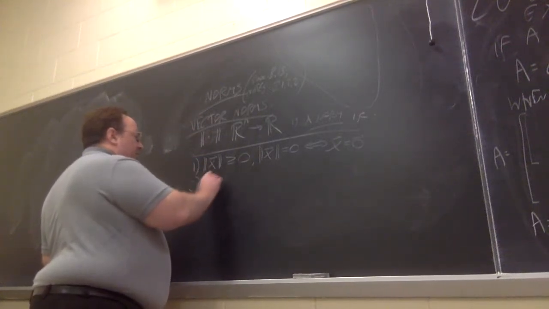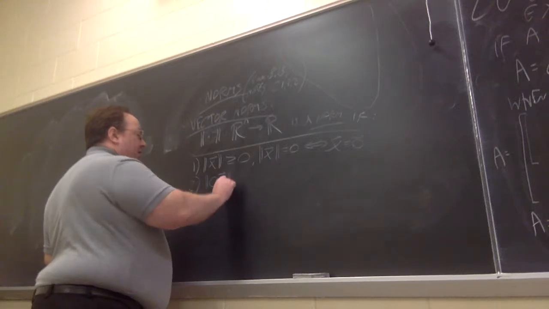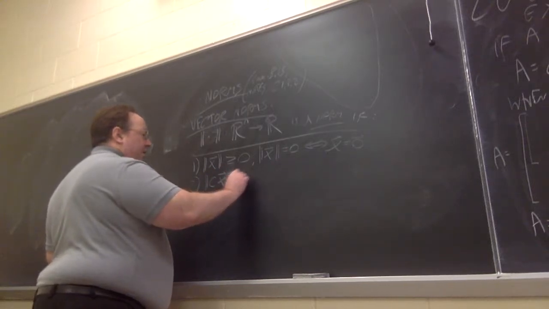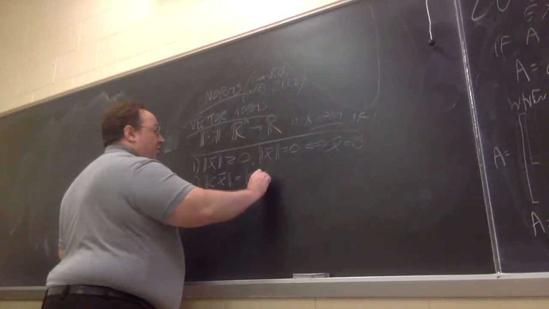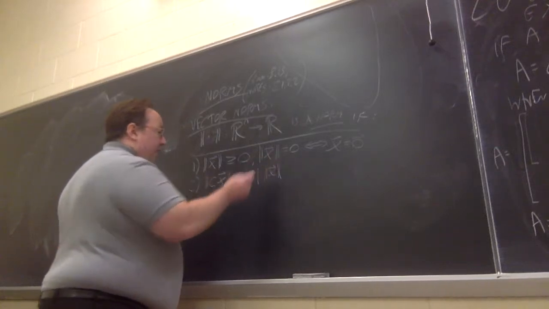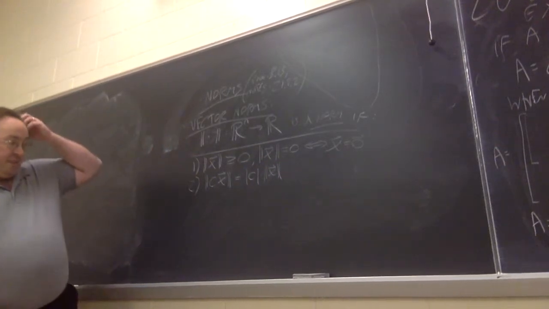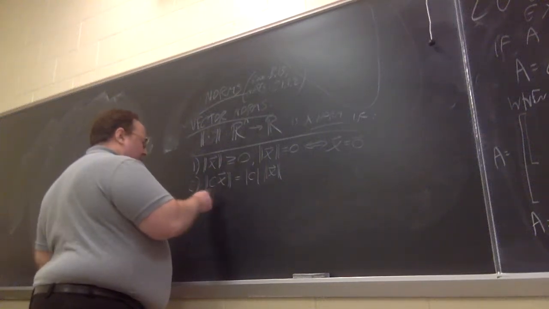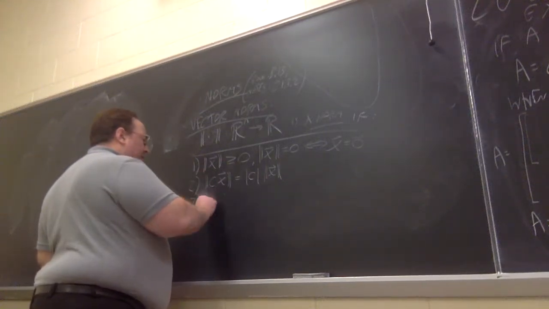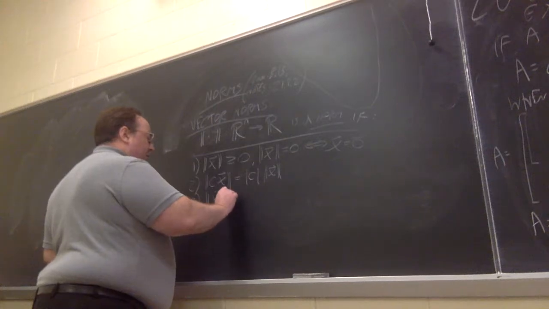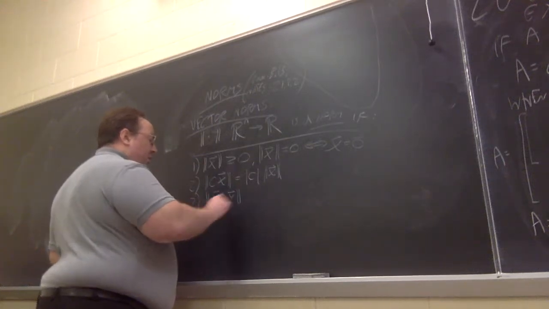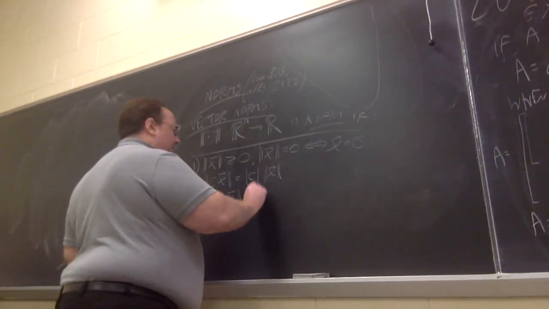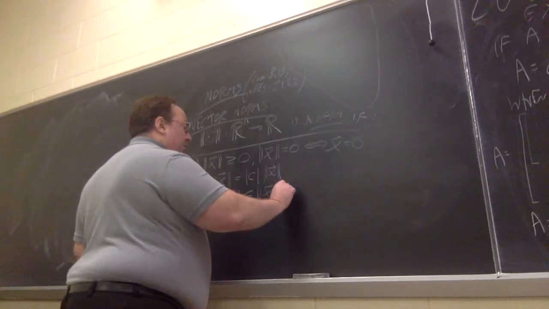If you scale a vector by a constant, that scales the norm by the absolute value of that constant. And finally, a property you're familiar with from absolute value, it has to satisfy a triangle inequality. So the norm of a sum of vectors must be less than or equal to the sum of the norms.